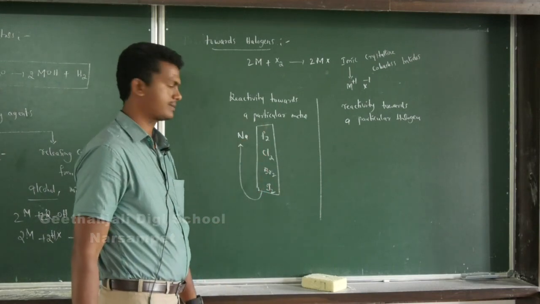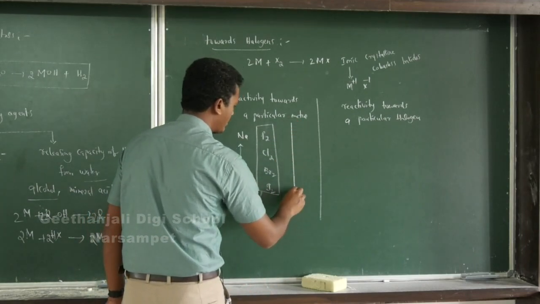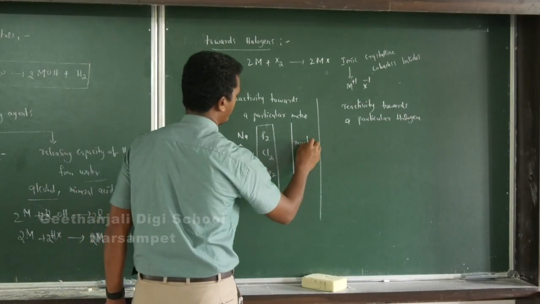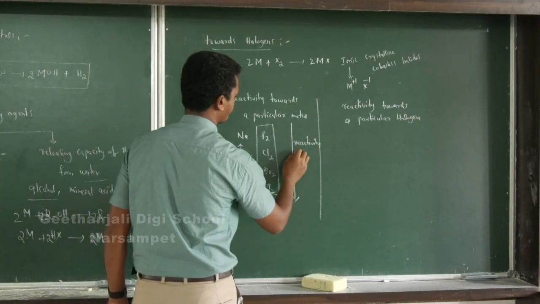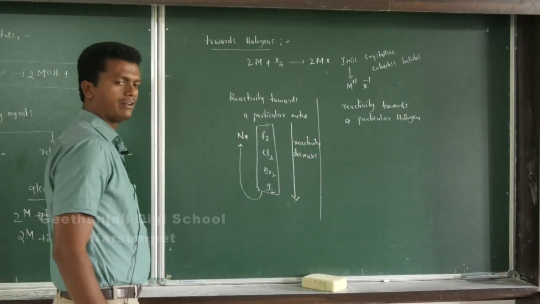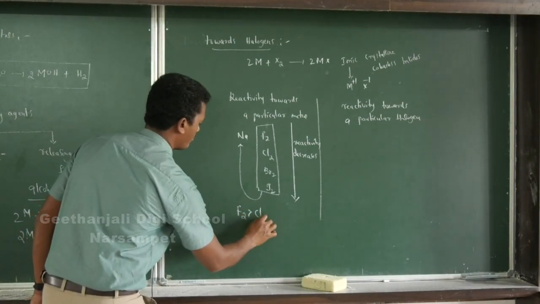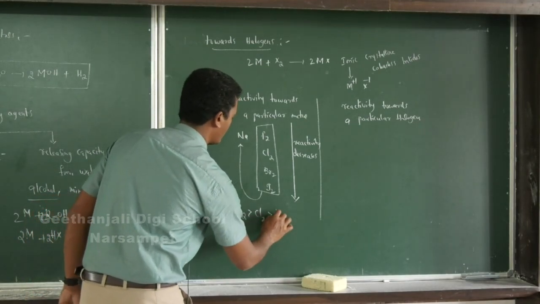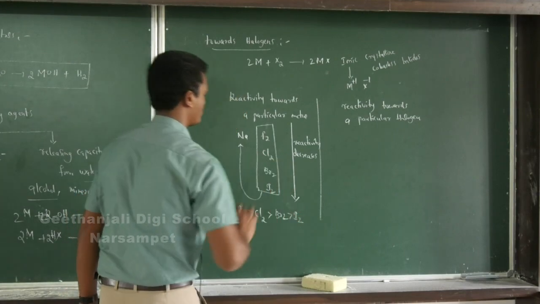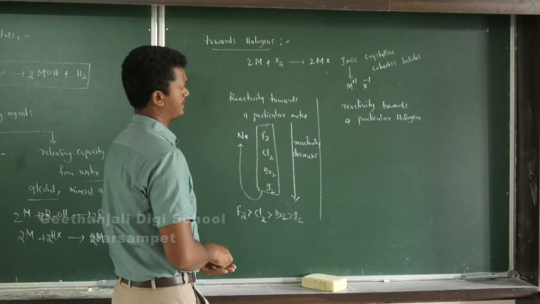We know fluorine is a highly reactive non-metal, so on moving from top to bottom, reactivity decreases. So the order of reactivity of halogens is fluorine greater than chlorine greater than bromine greater than iodine.